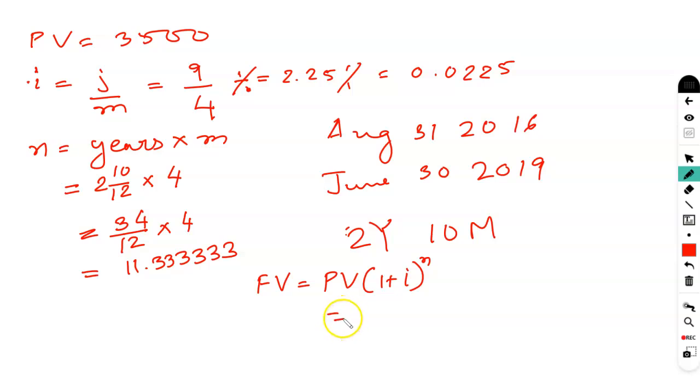Present value is 3500, then 1.0225 as your 1 + i, and n is 11.333333. Make sure you consider till 6 decimal places. We have to apply the BEDMAS rule: first bracket and then exponent. So we will calculate this exponent and multiply it with 3500. Calculate on your own and see what answer you are getting.